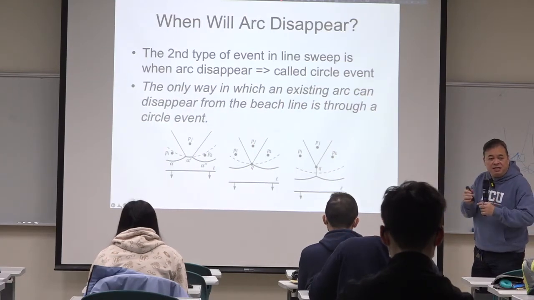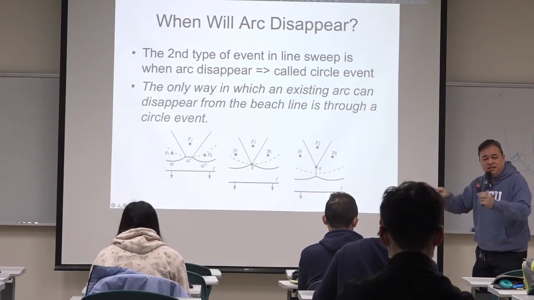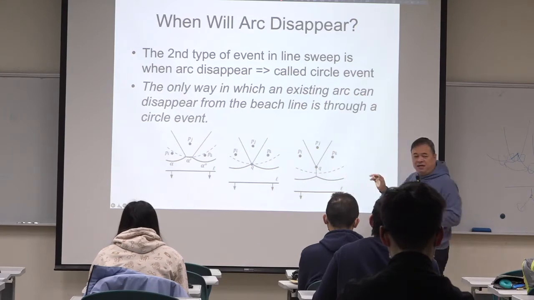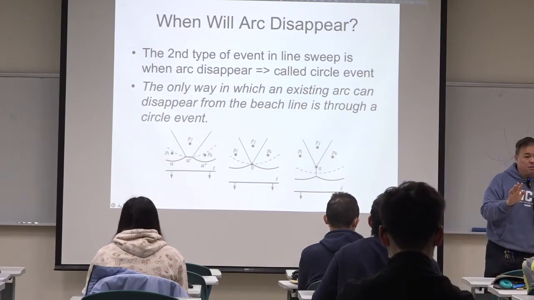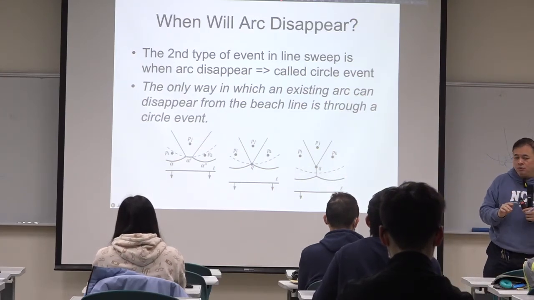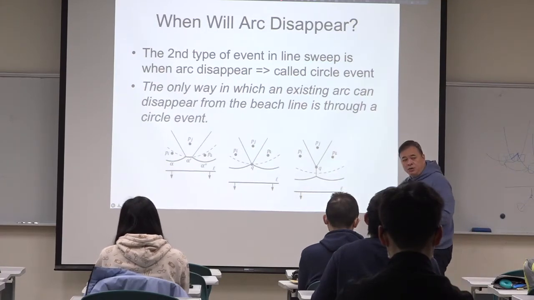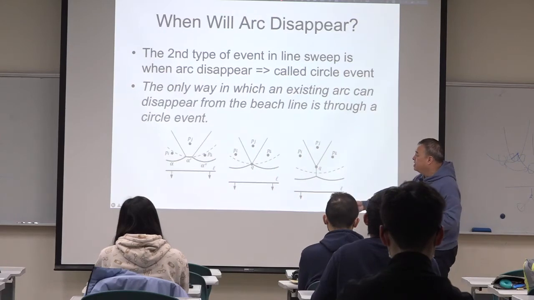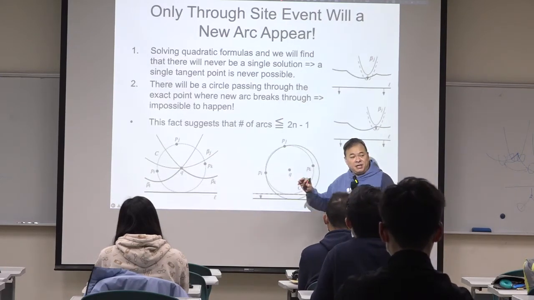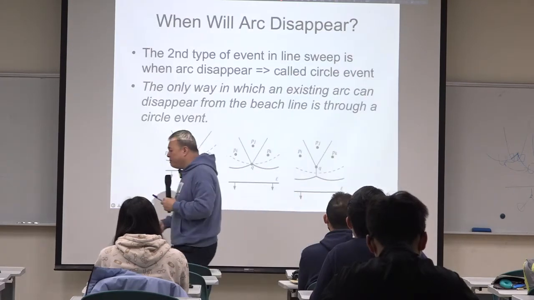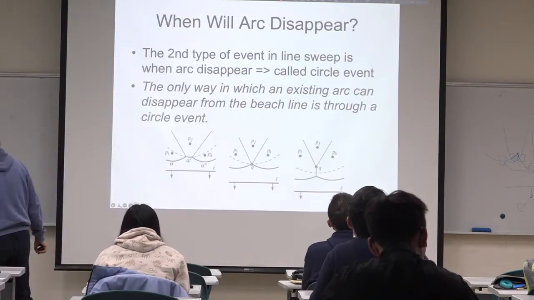But the previous case, where you want to trace two edges, one for Pi, Pj, the other for Pj, Pk, is not possible. So hopefully, if you understand this, it will also help you understand why this case is not possible.